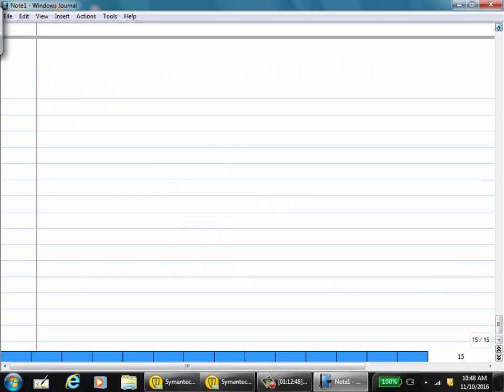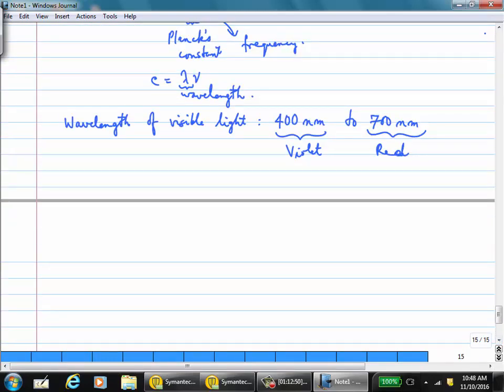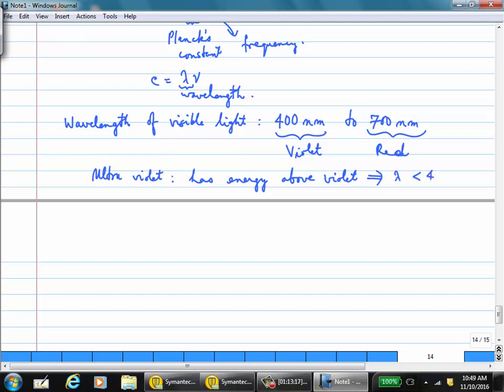So if you're looking at ultraviolet or infrared light, then ultraviolet means it will have more energy than violet, right? So the wavelength will be smaller. So ultraviolet has energy above violet, which means that the associated wavelength will be less than 400 nanometers, because the frequency will be higher.